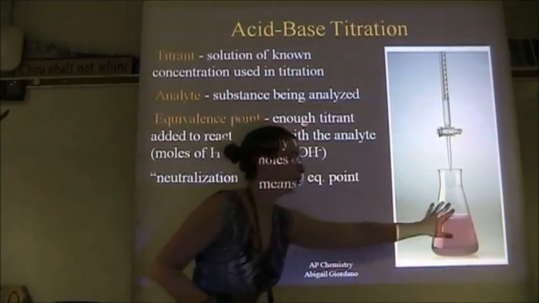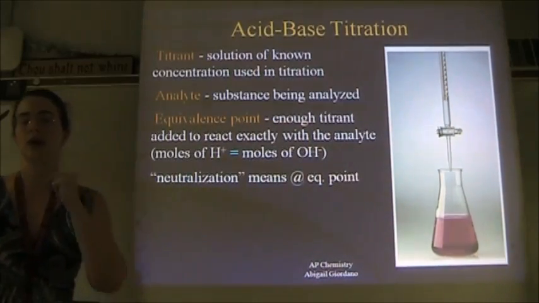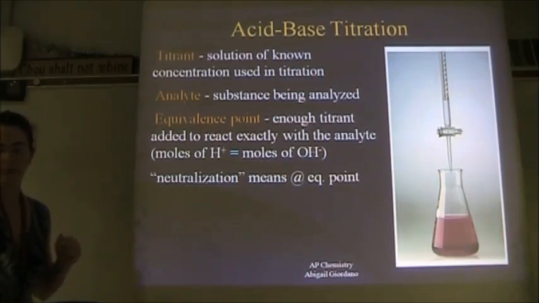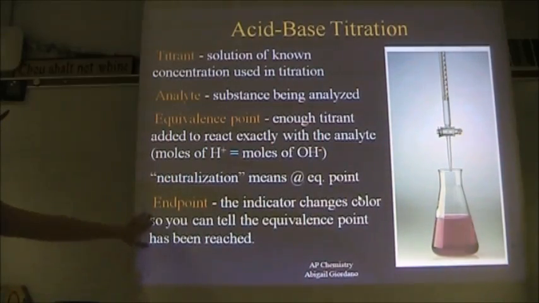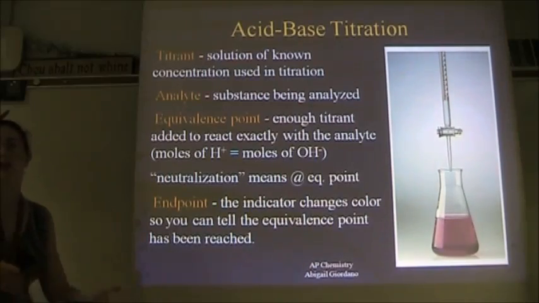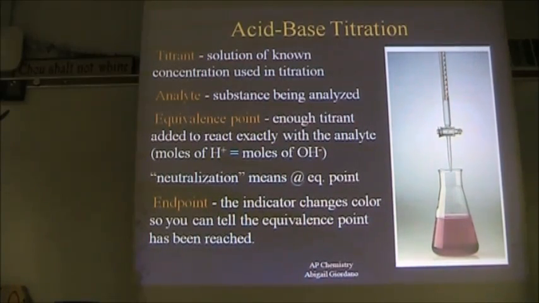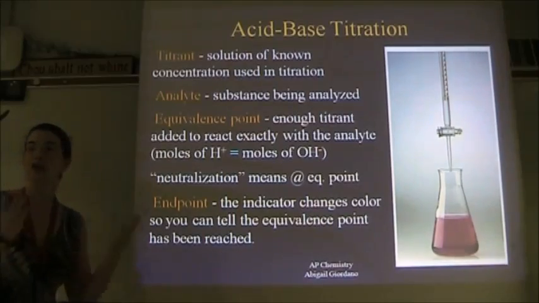We need something that changes color to give us a visual cue we're at the equivalence point. Okay? So this word endpoint just means the point where the indicator changes color. Okay? And we will do some titrations this year, and we will definitely use some indicators. And they come in all different colors.